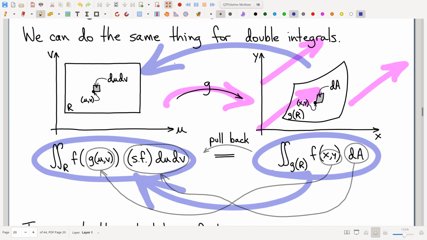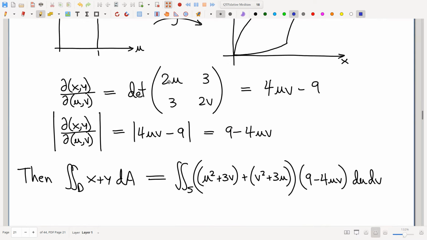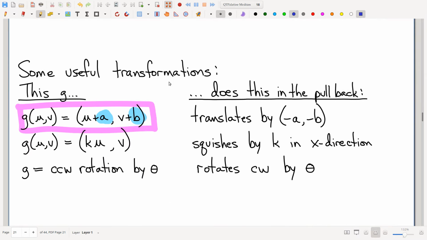In other words, shifting it by minus a comma b. Right, so you always got to keep in mind that you're undoing because you're doing a pullback, right? And so a function that shifts by a comma b, what does it do to my domain when I do change of variables? Well, it translates backwards.